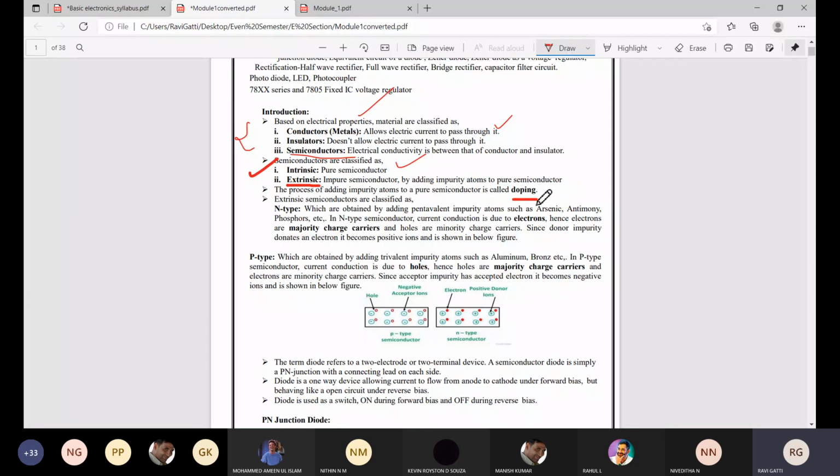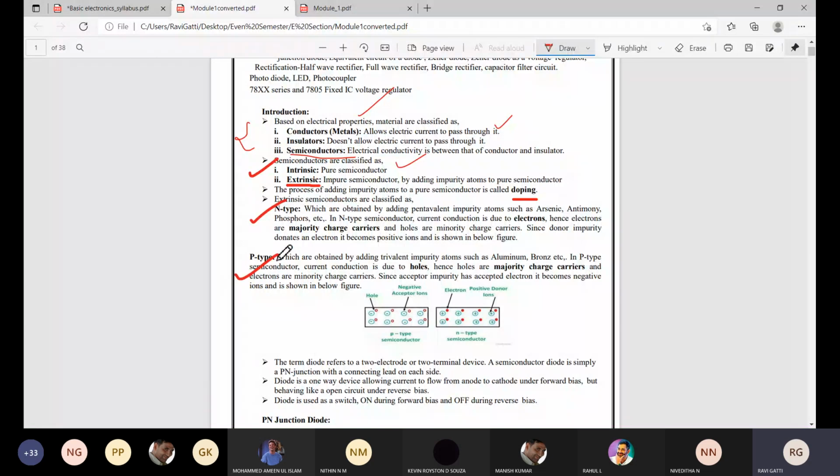In this module, an extensive analysis of these extrinsic semiconductors will be studied. The first thing we are going to do is model these extrinsic semiconductors in terms of two materials. The first material we call an N-type material, and the second a P-type material.